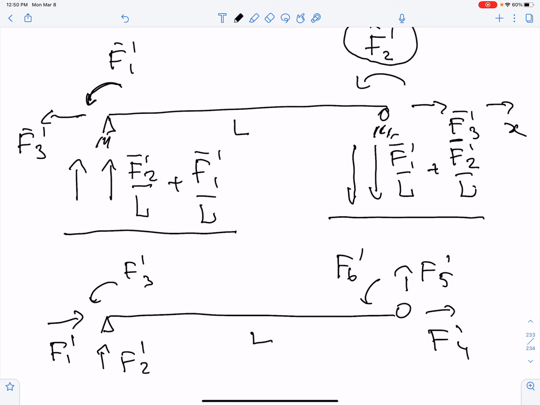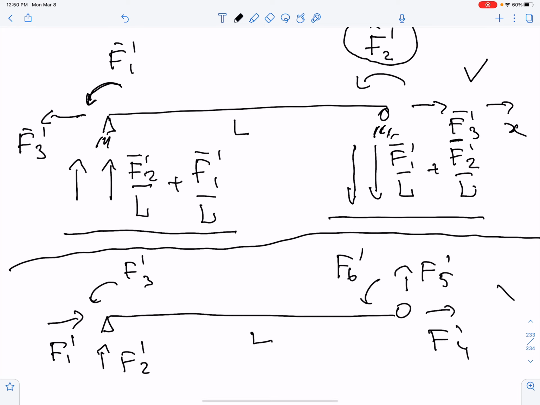And so all we need to do now is compare the basic picture with the local picture, and just read off the forces. So what do we get?